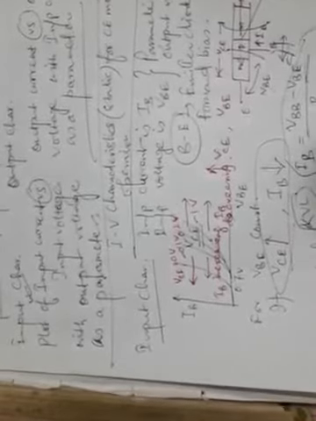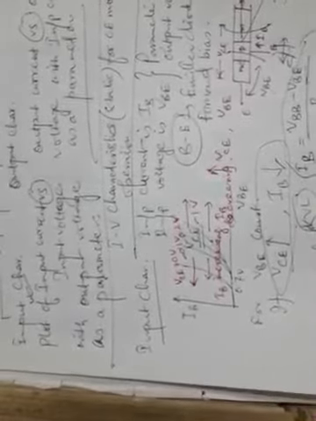Now if we use ideal diode, this VBE should be equal to 0, and then for ideal base emitter junction, that means ideal diode, IB should be VBB by RB.